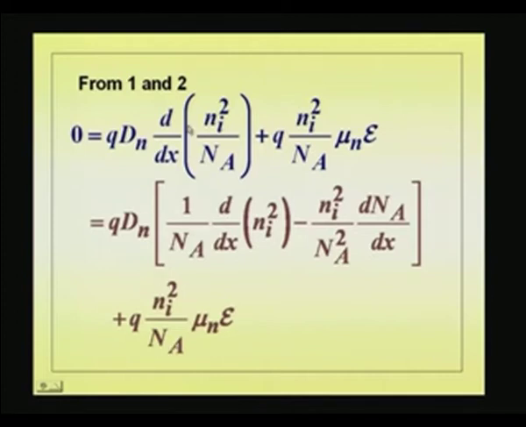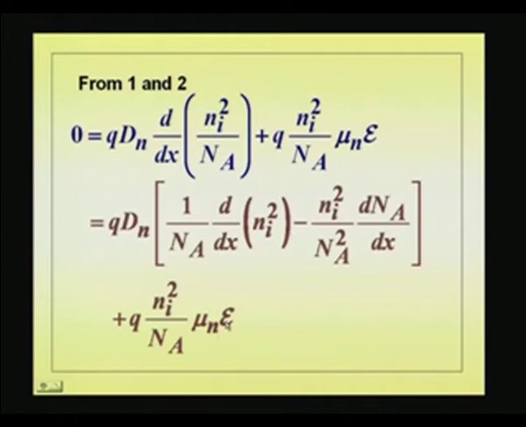And the first term, if I take Na also as a function of doping, then I get Q mu n, 1 over Na pulled out, using the UdV formula: first function into differential of second function, that is 1 over Na, differential of second function is d by dx of Ni squared. I am not differentiating that right now, keeping it like that, plus the second function, that is Ni squared into differential of 1 by Na, that is minus 1 by Na squared into dNa by dx, because Na is a function of x. If Na is independent of x, that term goes off. Okay, so this term is written here.